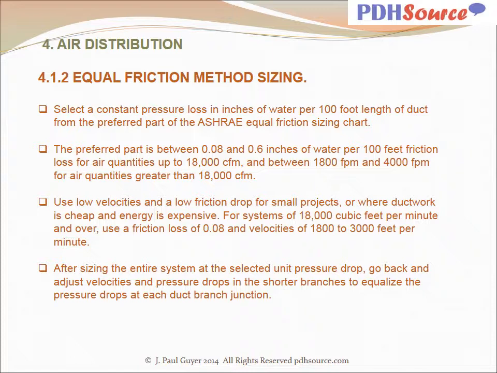Use low velocities and a low friction drop for small projects or where ductwork is cheap and energy is expensive. For systems of 18,000 CFM and over, use a friction loss of 0.08 and velocities of 1,800 to 3,000 feet per minute. After sizing the entire system at the selected unit pressure drop, go back and adjust velocities and pressure drops in the shorter branches to equalize the pressure drops at each duct branch junction.